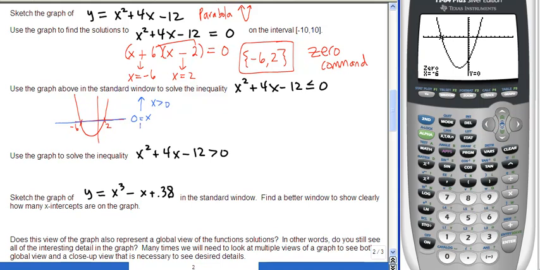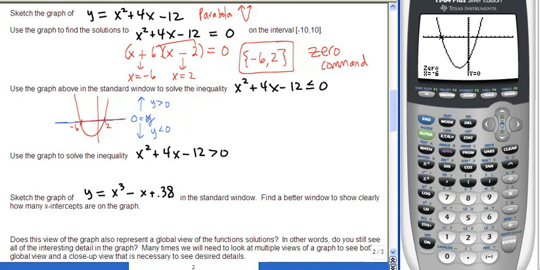X less than 0 would be this way. Excuse me, not x, but y. We're trying to find where these y values are less than 0. So this is when y equals 0, sorry. And this would be when y is less than 0. So we're trying to find out where the y values of this parabola are less than or equal to 0.